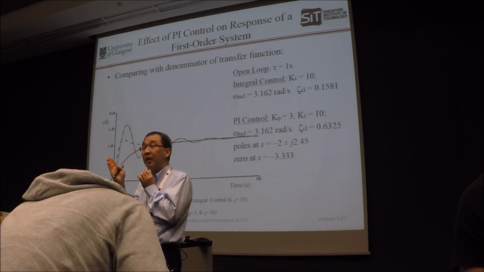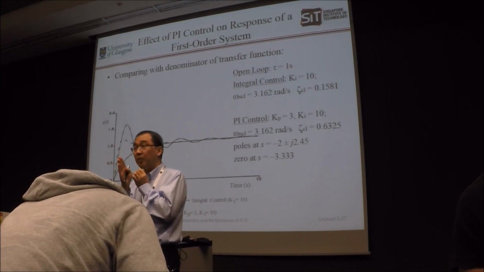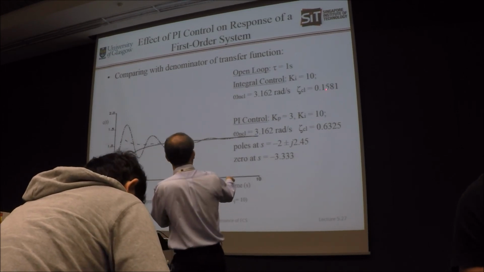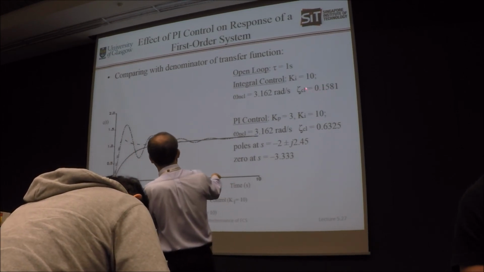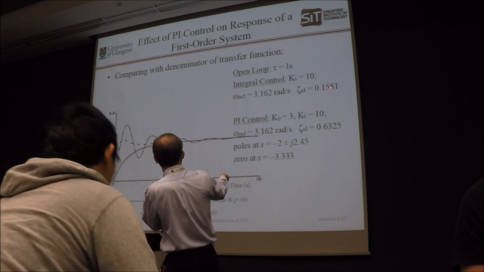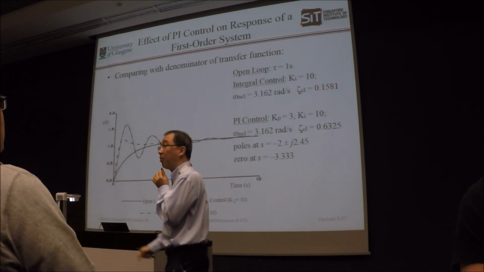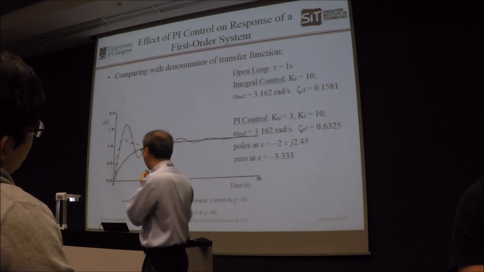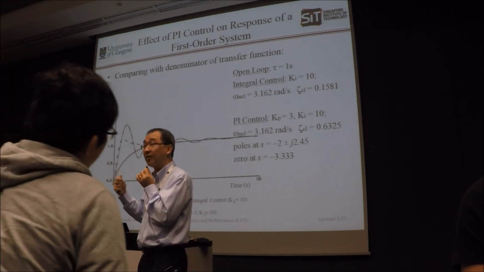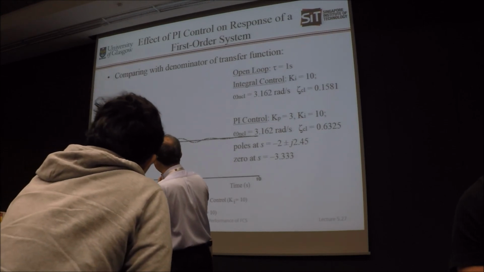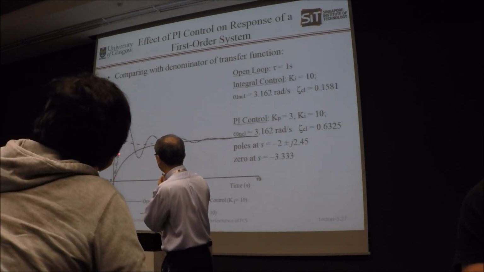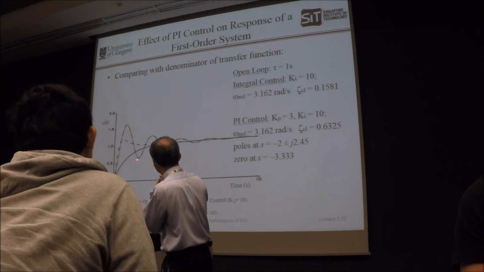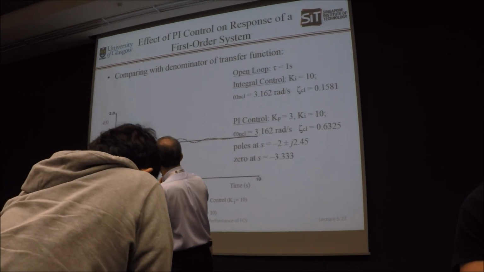But when you increase the damping, you will see that your response gets slower and slower. So if you compare the system with a damping of 0.158 with the system with a damping of 0.63, you expect the system with a damping of 0.158 to be much faster. But this is not what you have seen here. This is a damping of 0.158 and this is a damping of 0.63.